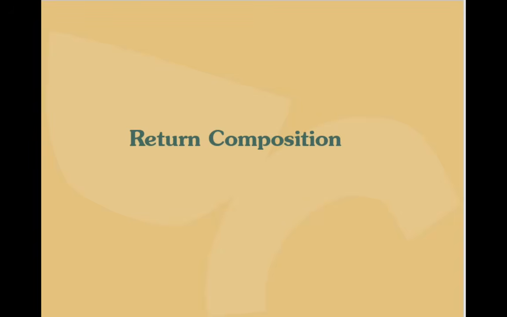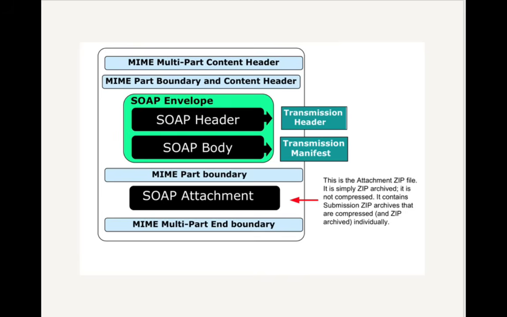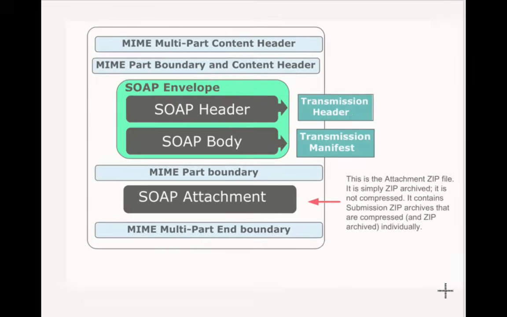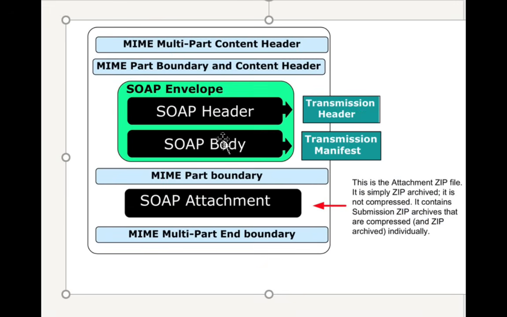So let's look at the return composition. The returns are composed in this format. It's a MIME multi-part content header. Then there is a SOAP envelope, SOAP header, SOAP body, and there is a MIME part boundary. There are attachments over there, and the multi-part.